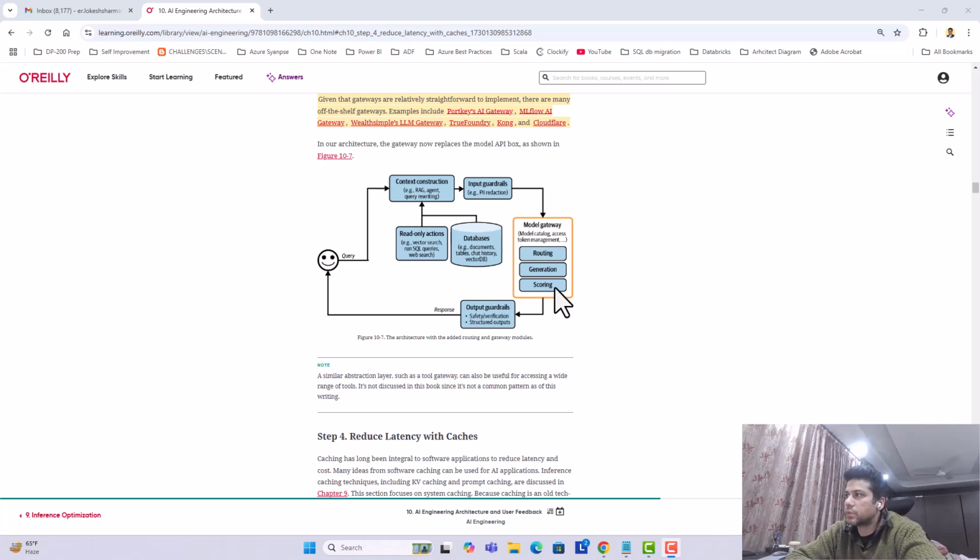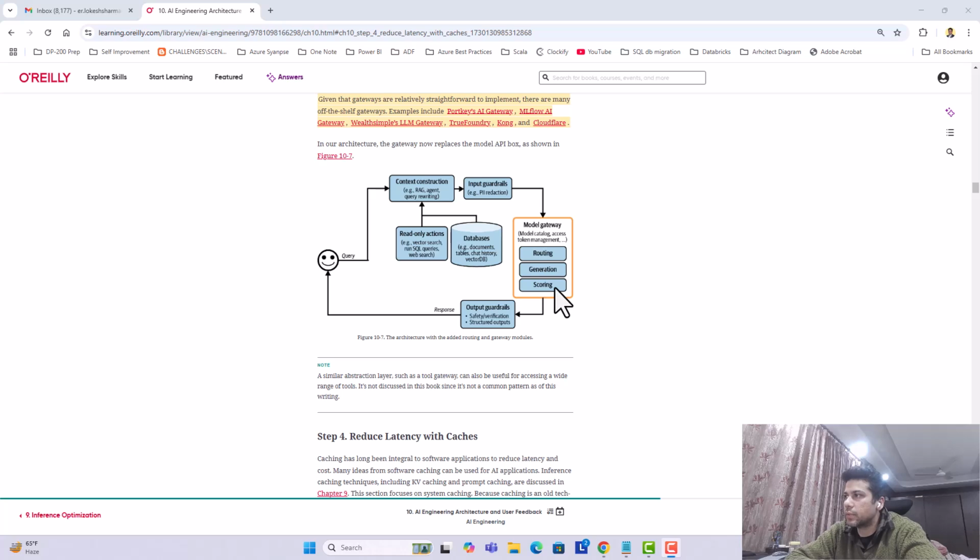And then comes the routing and the gateway. The gateway is needed because we want a single place where we see how many calls have been made to the models, what the incoming calls are, and what the outgoing calls are. And then obviously you need to score the outputs that are getting generated so that the score information can feed into the data being generated, and based on that we can get a better response from the model.